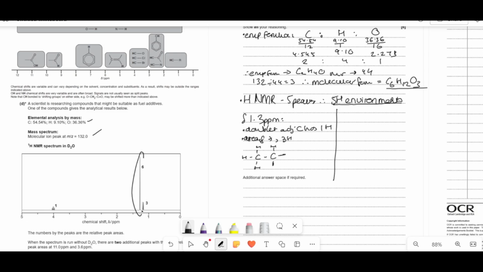So the next one is this big one here. That's actually more of a 1.2 to be honest. Here we will have one at about 1.4 ppm. Same thing: we can see it's a singlet, so the adjacent carbon has no hydrogens, and we know its area is 6. So it's probably going to be 6 H's. It's most likely going to be 2 lots of CH3, because how else are you going to stick 6 H's around something? It's within this range again, and it's this hydrogen environment picked up. So there's one singular peak with 6 of them.